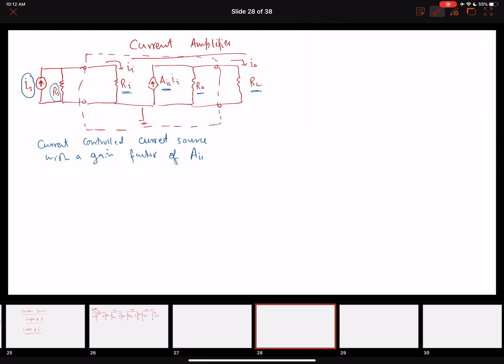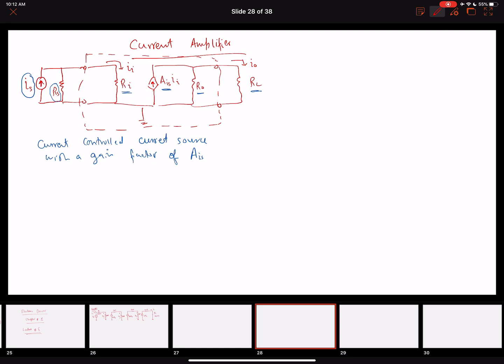If you remember, while we were solving the case for the voltage amplifiers, we found the voltage drop at the input, and the voltage drop at the output, and then we determined the gain factors. What is the voltage gain there? In this case, we are going to determine the current gain here, right?